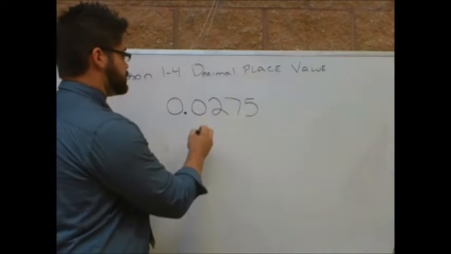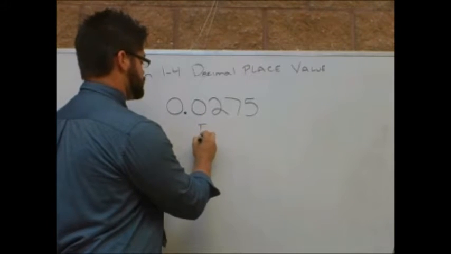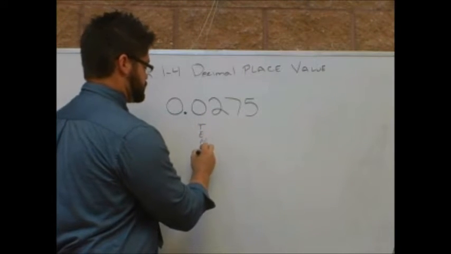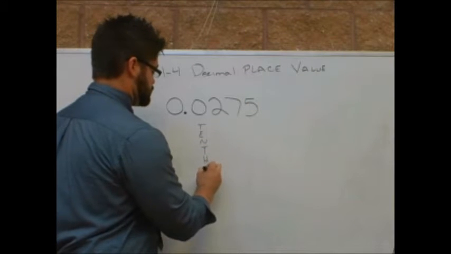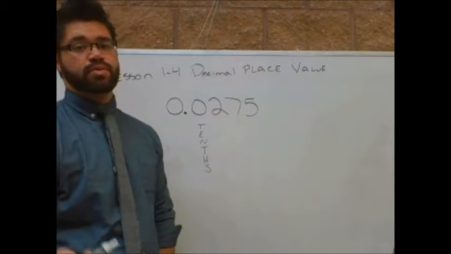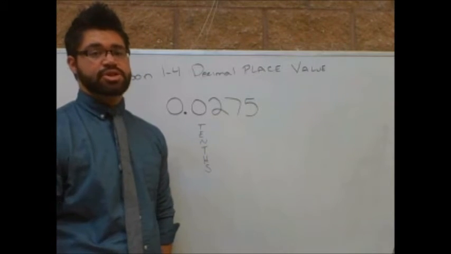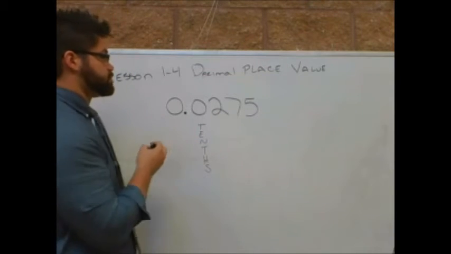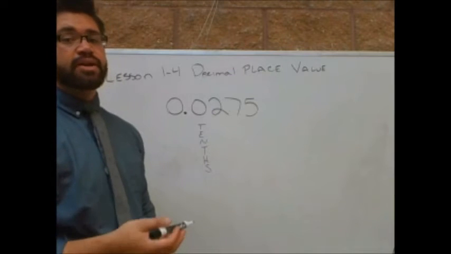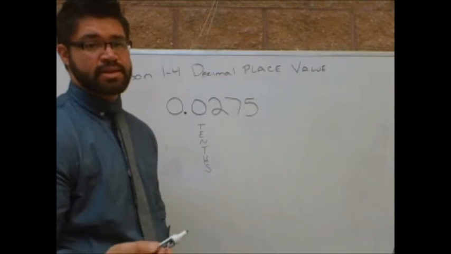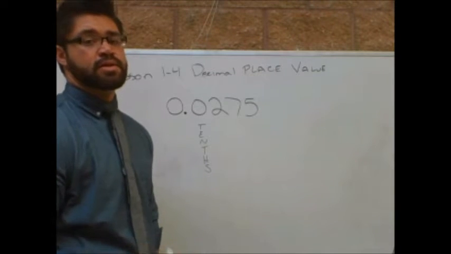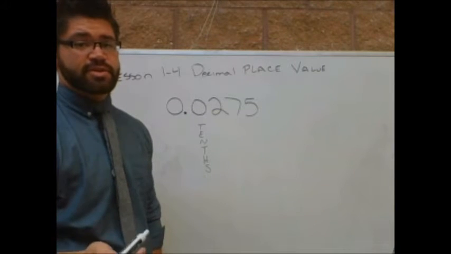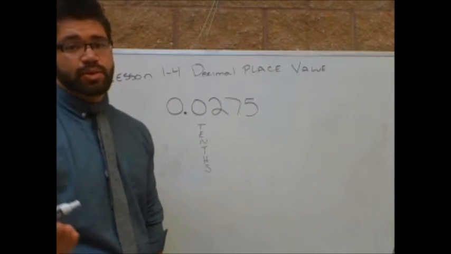This place value is the tenths. If I were to ask you what digit is in the tenths place, it's the 0. Now, the place value directly to the right of the tenths is the hundredths. If I said what digit is in the hundredths place, you would say it's the 2.